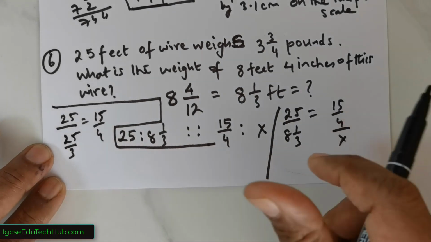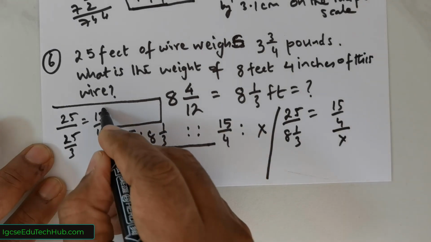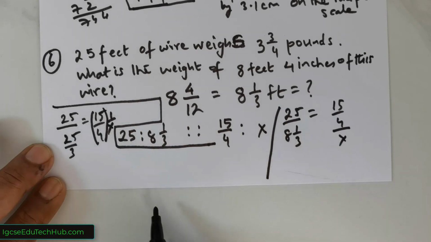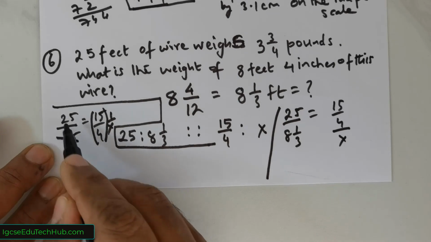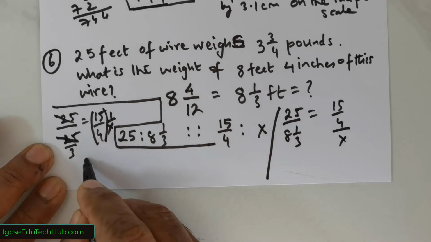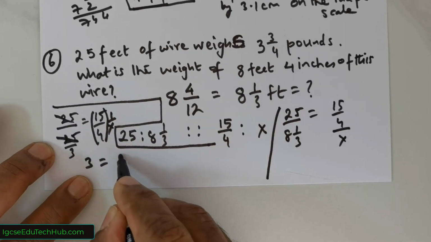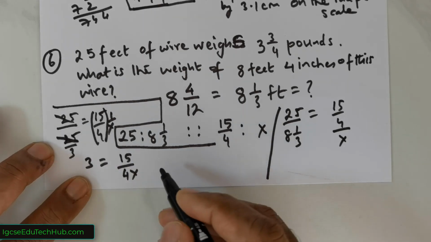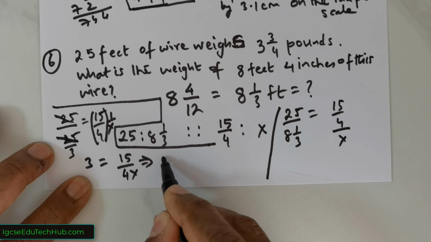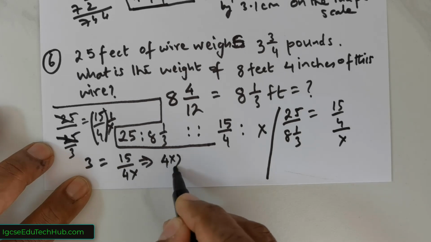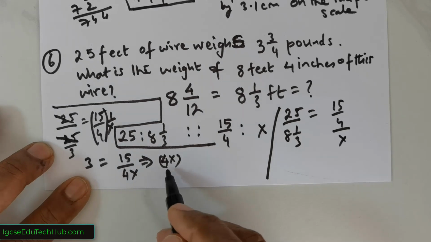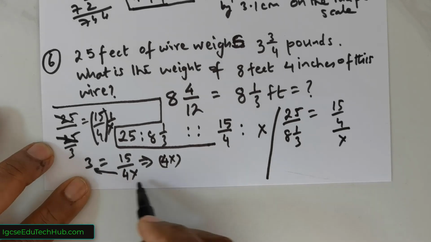divided by x. Now if you flip this, this is going to become 1 over x, right? So you flip this, 25 gets cancelled, so this is going to be 3 is equal to 15 over 4 times x. Now you cross multiply, so this would give you 4 times x, and you bring this 3 down. So you take this 4x up and you bring the 3 down.